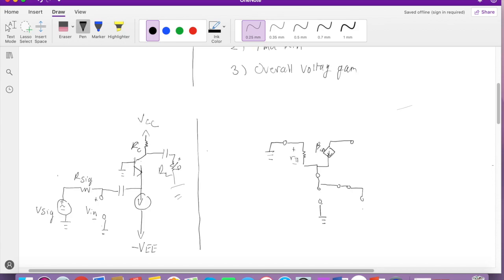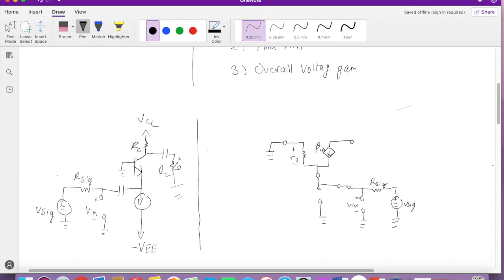And then we have our voltage input connected to the ground, our signal resistance, and our signal voltage also connected to the ground. So now we've done 2 out of 3.